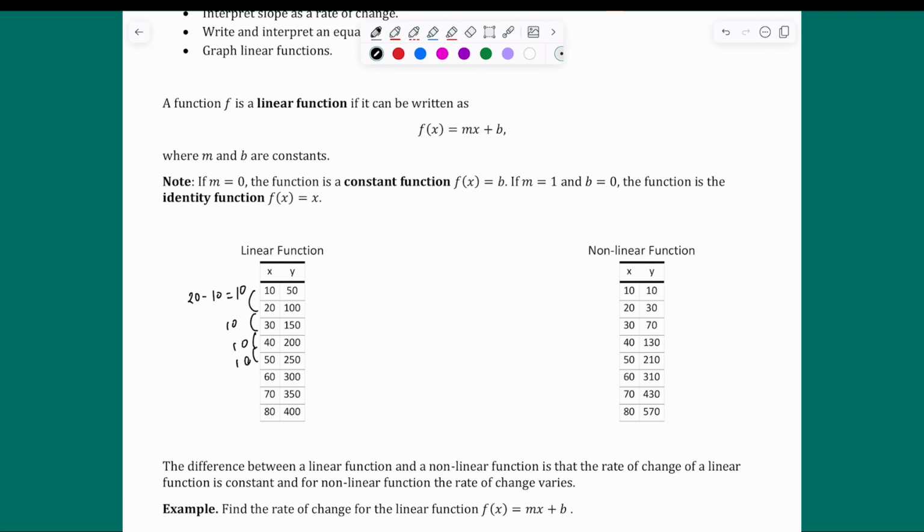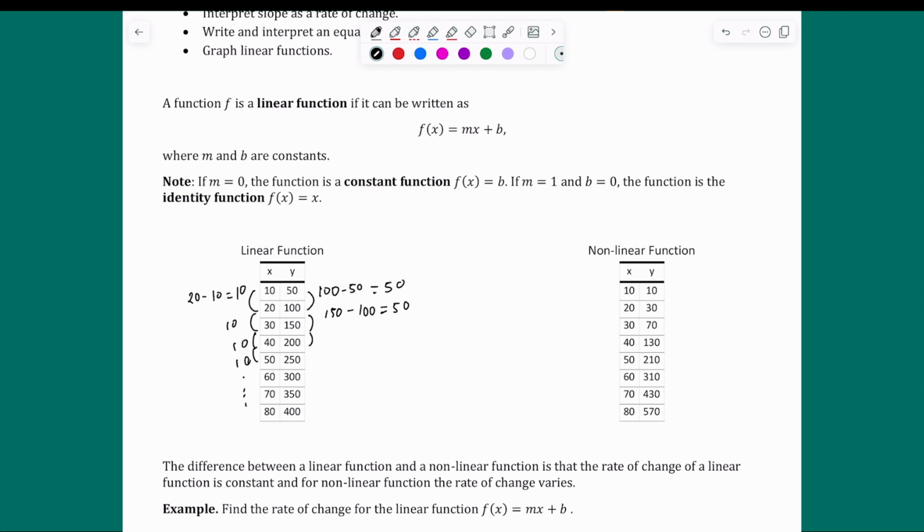So what we want to notice though, if you continue this and do the same thing with the y values, or the outputs, notice here we would get, from using these two ordered pairs, 100 minus 50, right? The difference in outputs there gives us 50. And we have 150 minus 100, that gives us another output difference of 50, a change of 50.